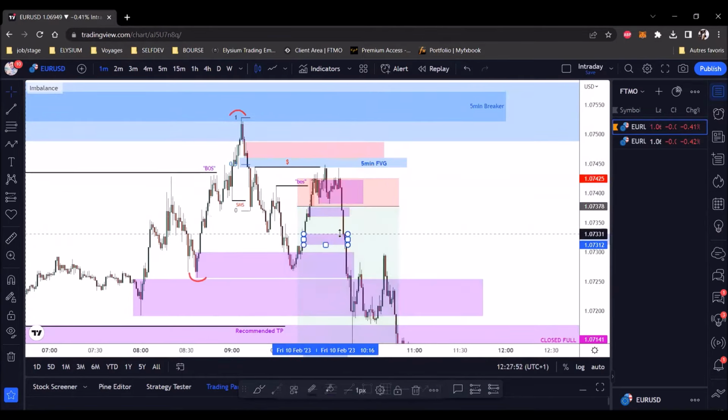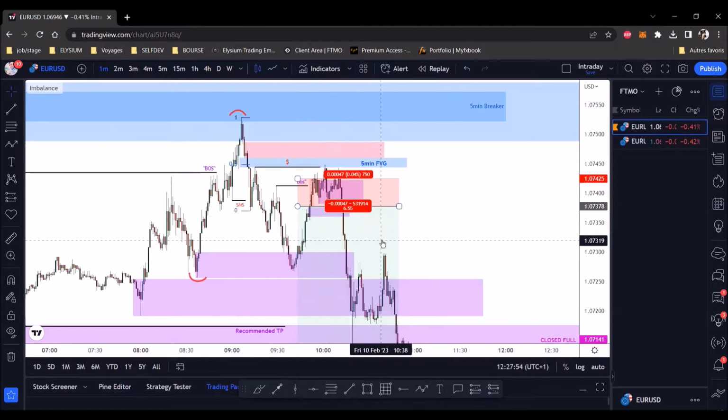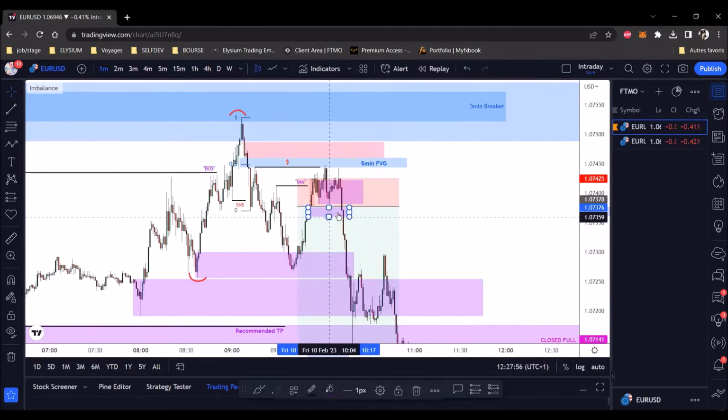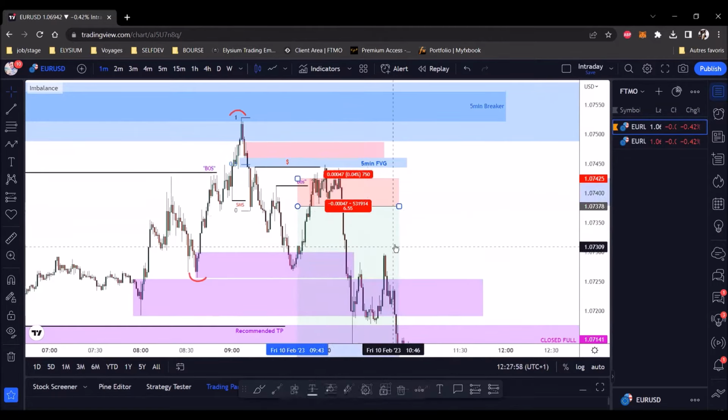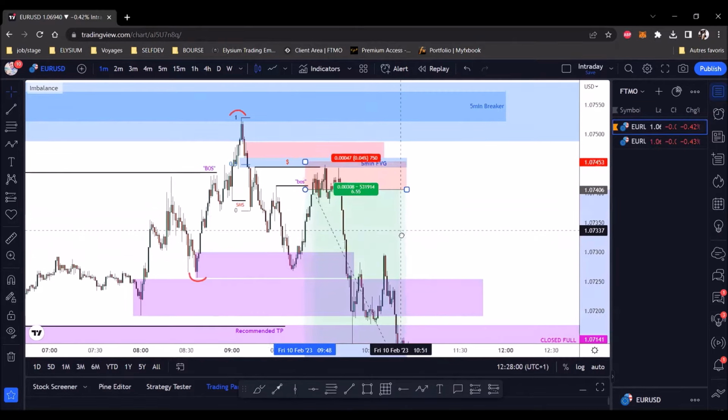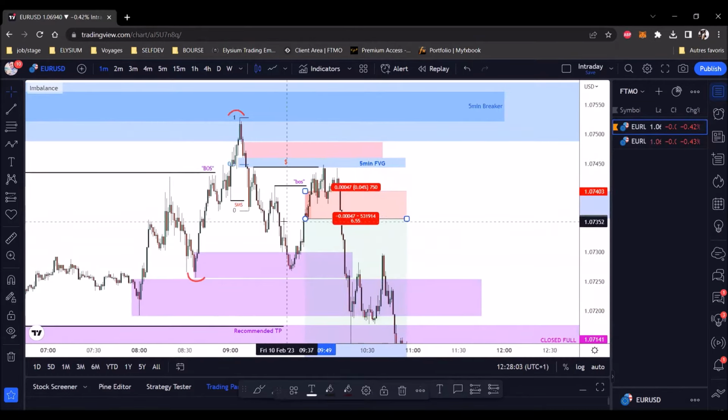Okay, let's remove all this. You see, this trade was available, but if you see it go down like this, normally it shouldn't come back.